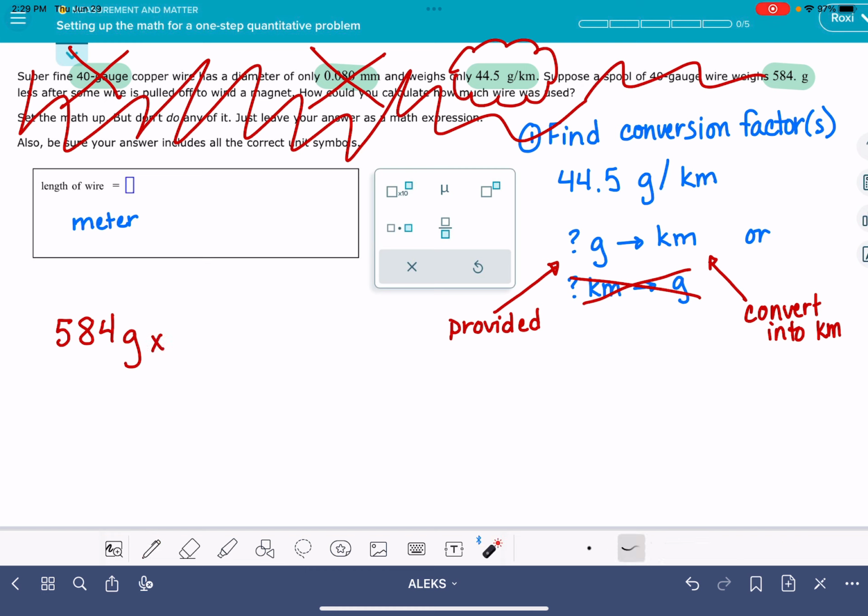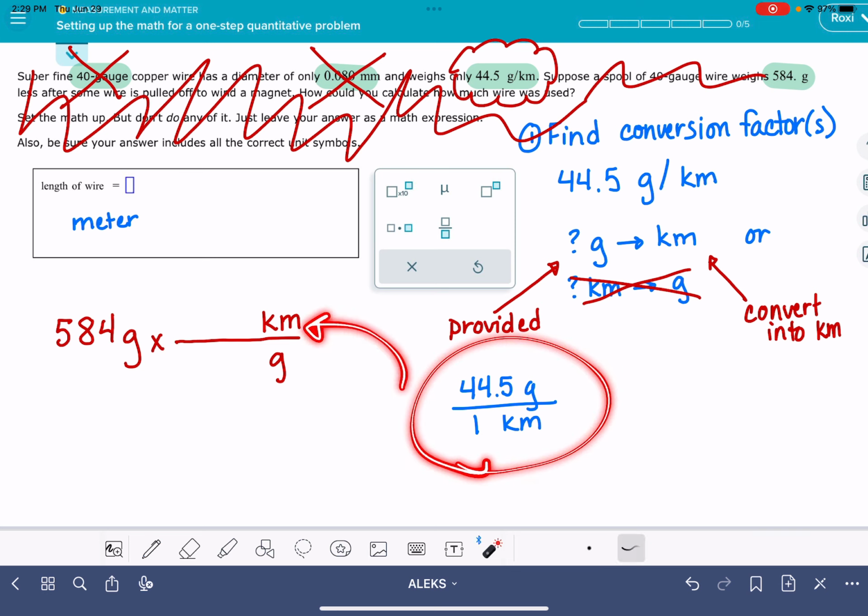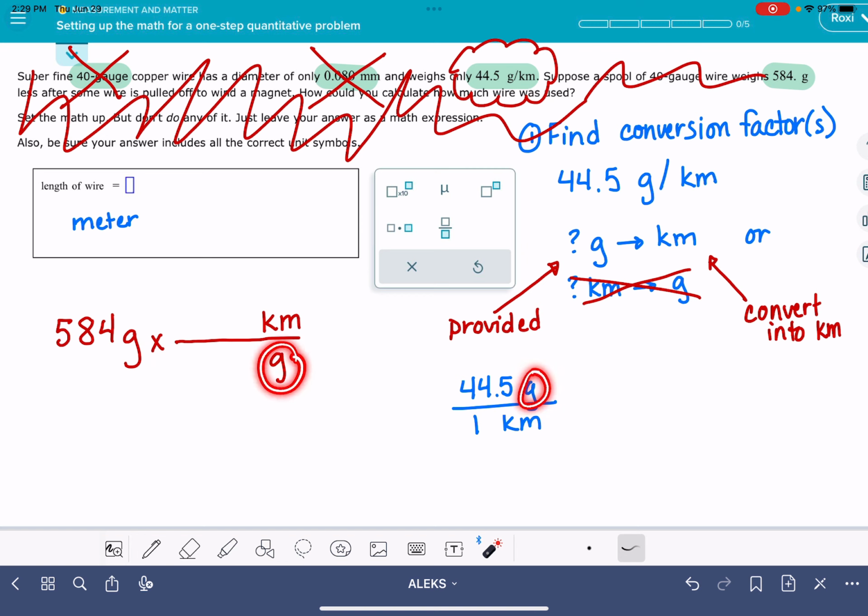So I have been given the quantity 584 grams, and I need to convert that number into kilometers, which means I need a conversion factor that has grams in the denominator so that those units can cancel, and I want kilometers up on top. My conversion factor is 44.5 grams per kilometer. That means if I write it in a more traditional format, 44.5 grams per 1 kilometer. This is not appropriate to plug into this particular conversion because the units are not matching up.